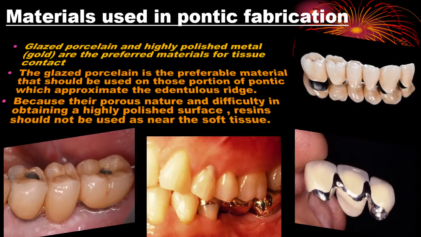The glazed porcelain is the preferable material that should be used on the lower portion of the pontic which approximates the individual's area. This area is either porcelain or all metal. The contact angle between metal and porcelain must be smooth toward the tissue surface, outside toward the ridge wall. If there is a connection here, it will also become an area for accumulation, whereas it should be all metal or all ceramic. The preferred metal that gives us a very clear surface is gold.